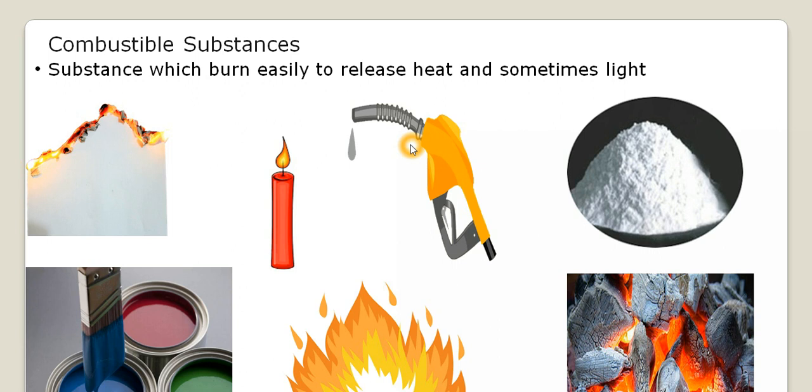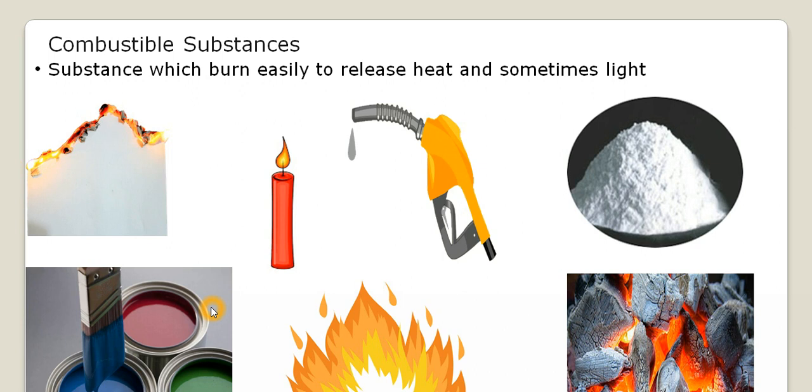If you take the example of magnesium powder or aluminum powder, or paint, all these are combustible substances. They all catch fire, they all burn easily.